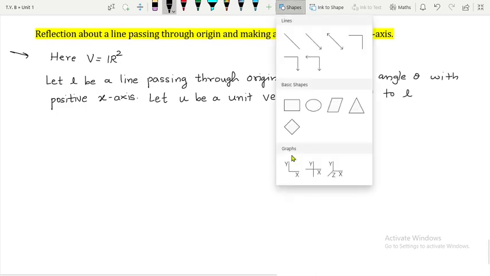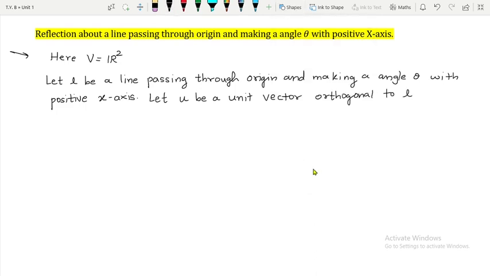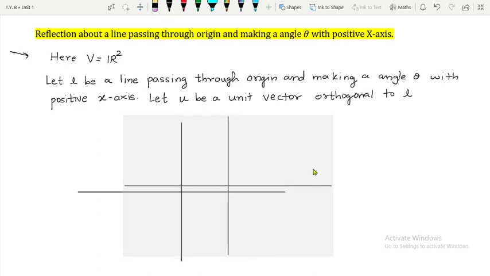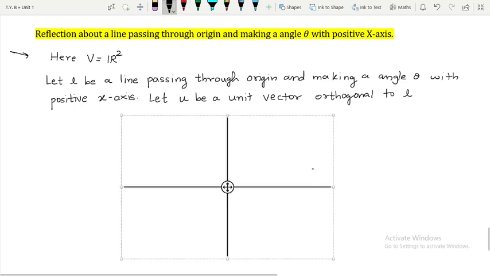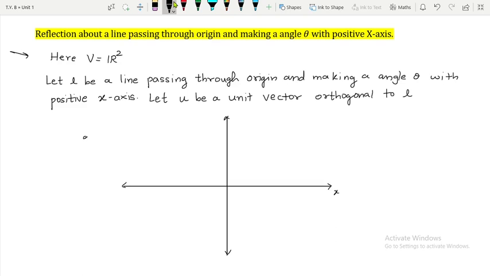If I try to draw the diagram, it will look like this. So this is my R2, this is the x-axis, and this is my y-axis.